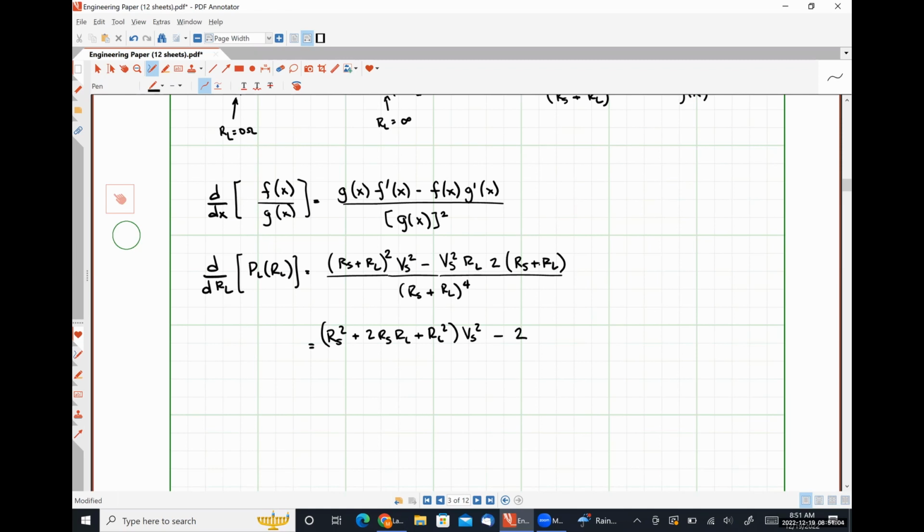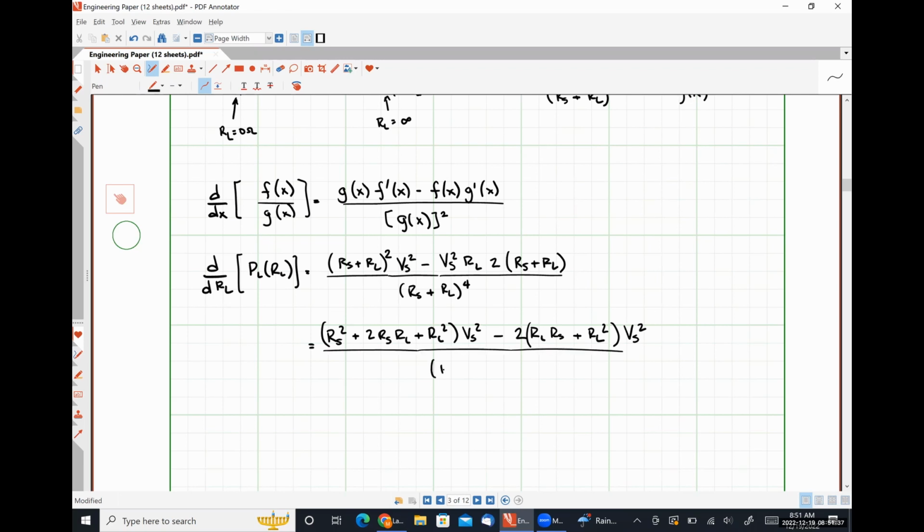So I'm going to have RL times RS, and then RL squared, and then a VS squared term goes there.